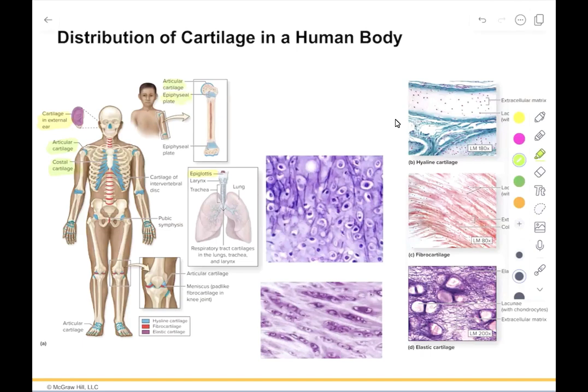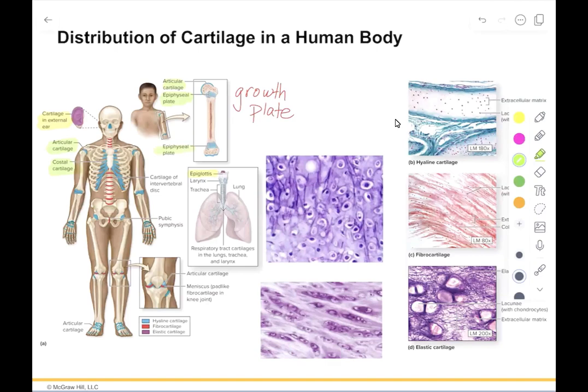Also, the epiphyseal plate is hyaline cartilage. The epiphyseal plate is what is commonly referred to as the growth plate. And as we get closer to adulthood, that epiphyseal plate will be replaced by what's called a growth line. And at that point, there is no longer hyaline cartilage present.